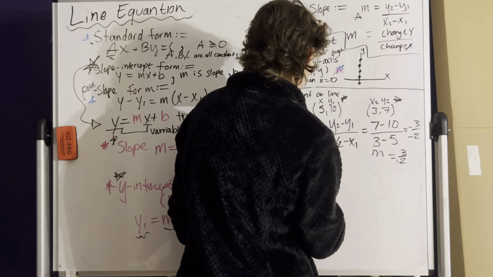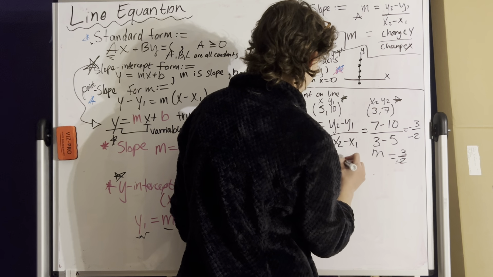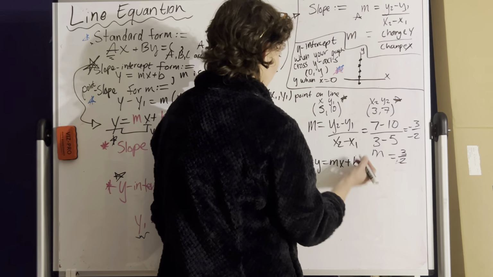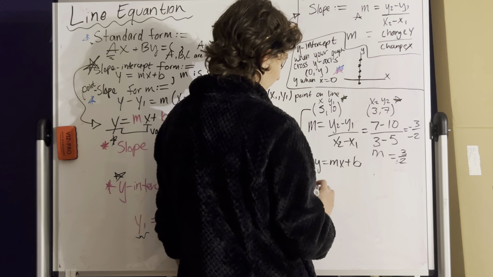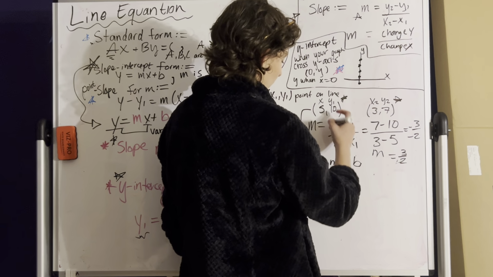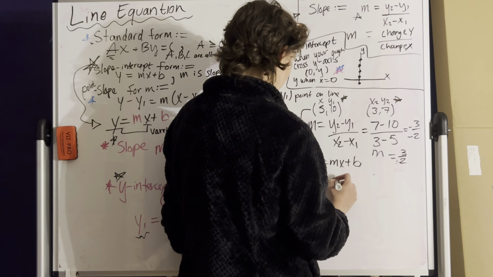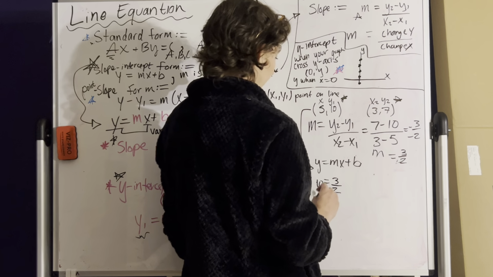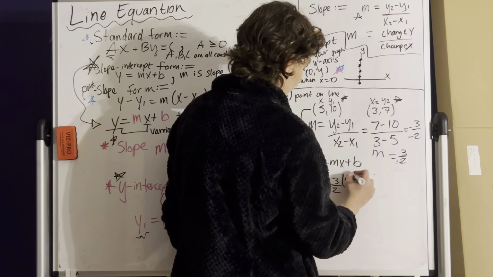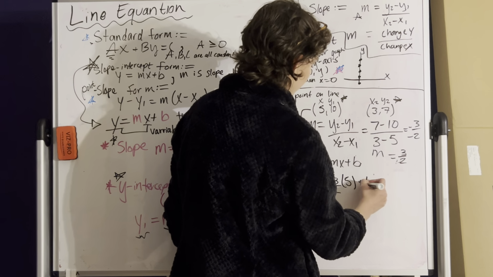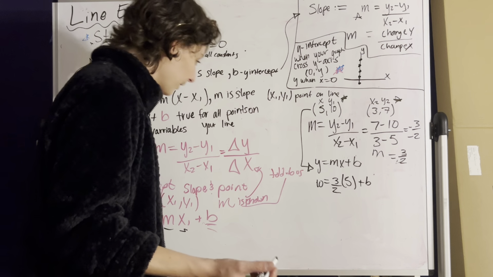So if we know y is equal to mx plus b, let's use our first point and plug this one in here. So I know 10 for y, m comes from here, 3/2, and then x is going to be 5, plus b. And so now we can solve for it.